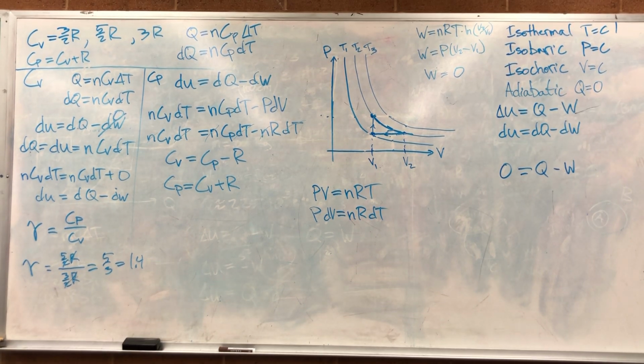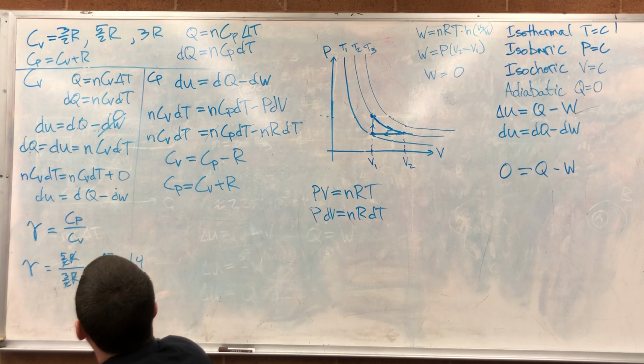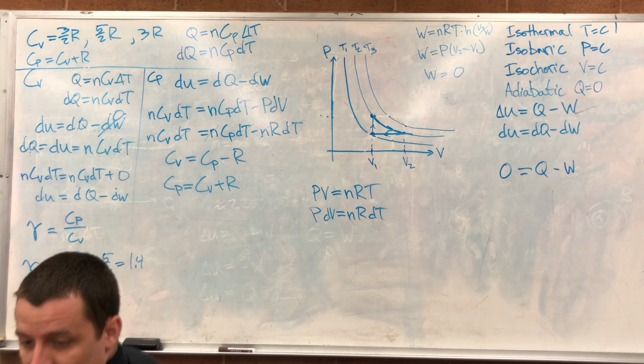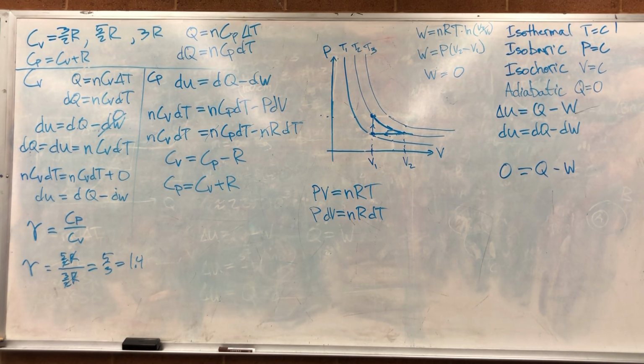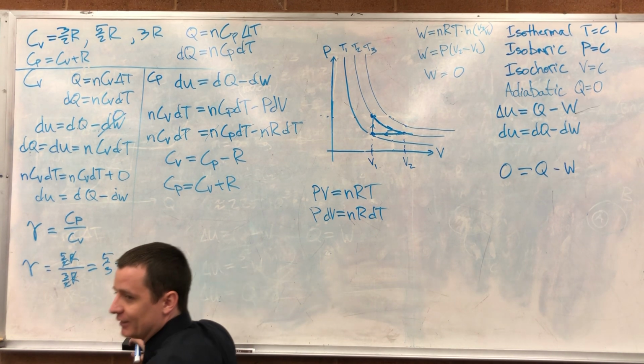No, I did something wrong. What did I do wrong? Am I misremembering? Five thirds is 1.6666.